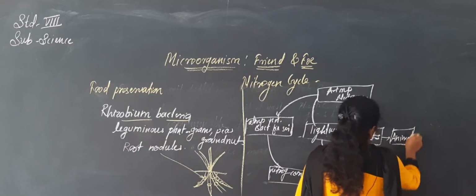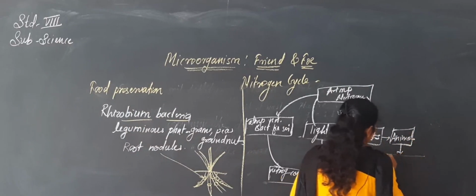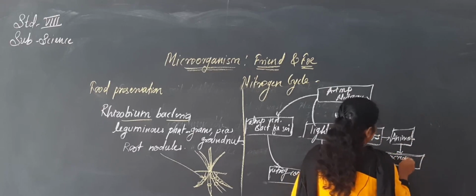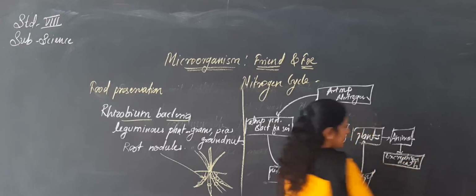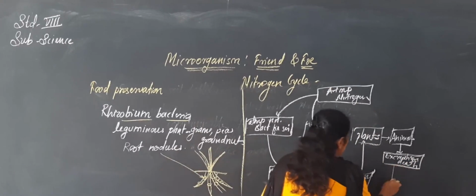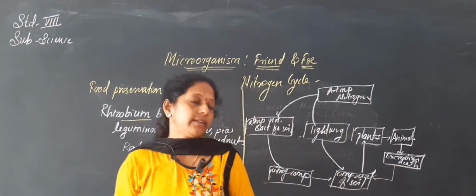By the excretion of plants and animals, and after the death of the plants and animals, it will enter the soil again.